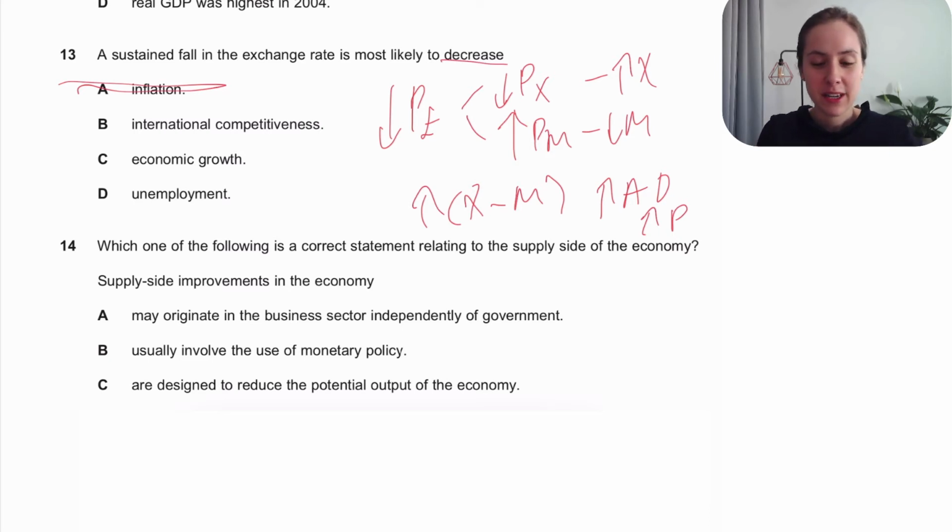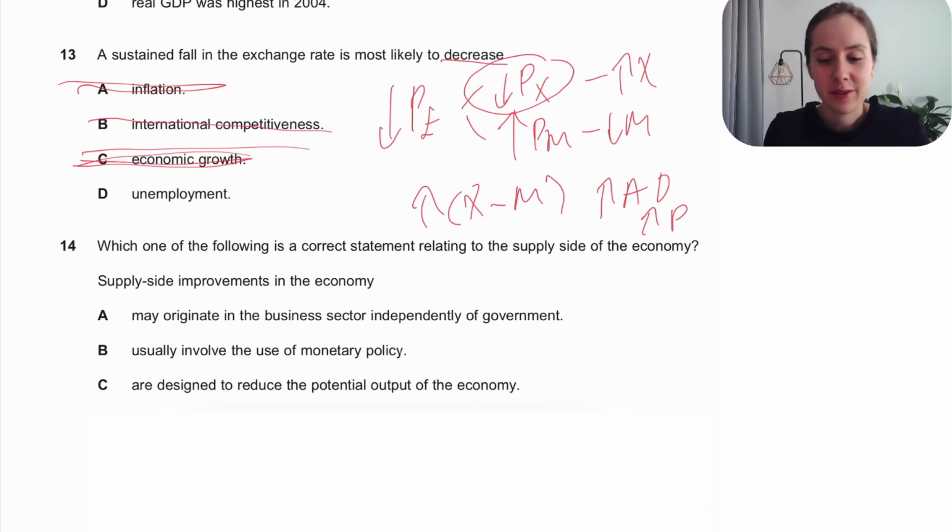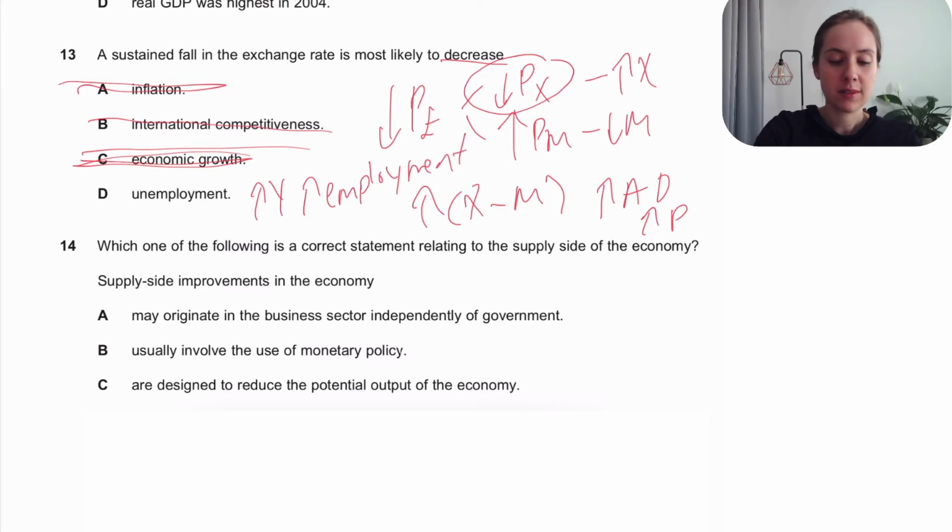Watch out for that one. Less competitiveness, not true, because our exports are cheaper. They'll sell easier. Economic growth is falling, no, so we have more AD. Yeah, D is the answer. So because there's been more AD, there's been more growth, more output. More output means that there's more employment, which means there's less unemployment.